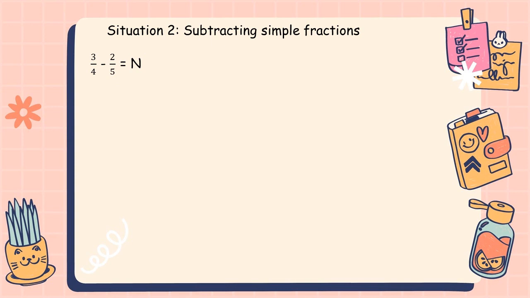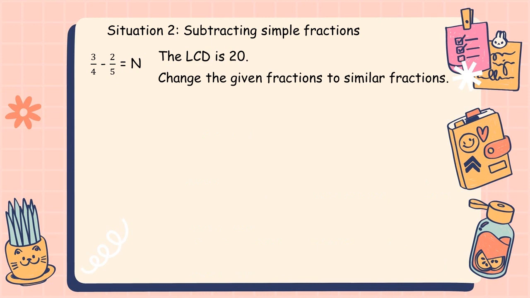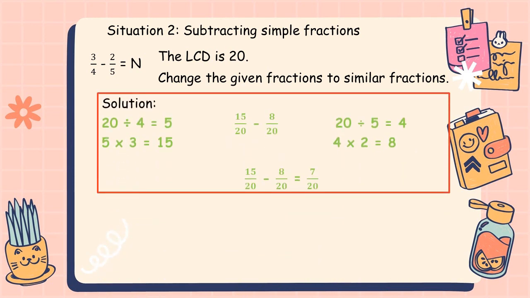So the LCD of 4 and 5, which are the denominators, is 20. Okay, so we are going to change the given fractions to similar fractions since we already found the LCD of 4 and 5, which is 20.